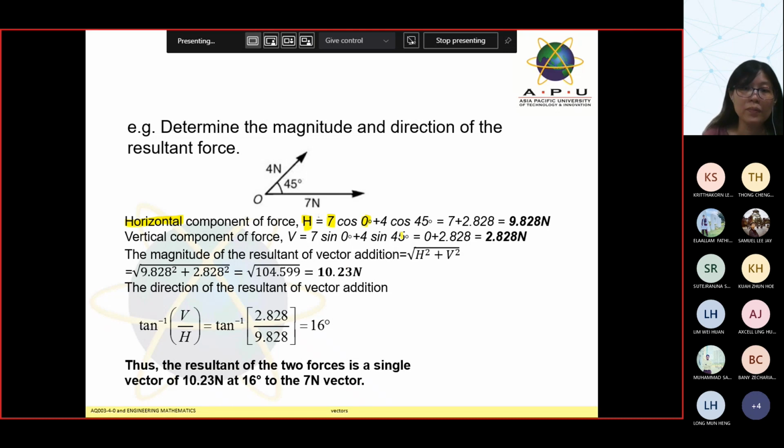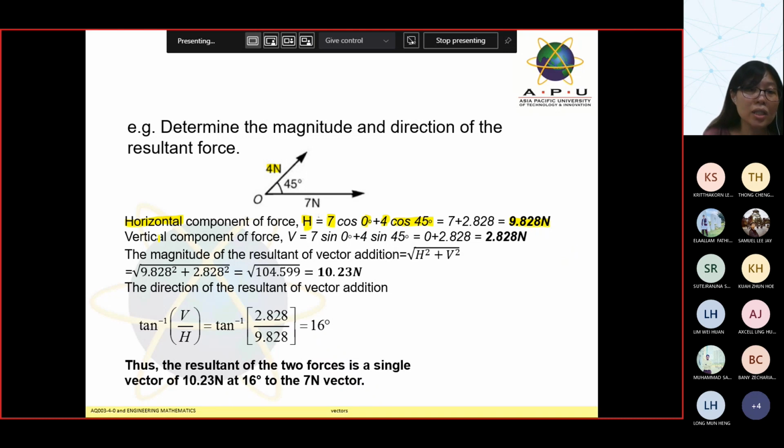Then for 4 Newton, the horizontal component will be 4 cos 45. So we add up the values, and we get 9.828. So this is the total horizontal from the two forces.